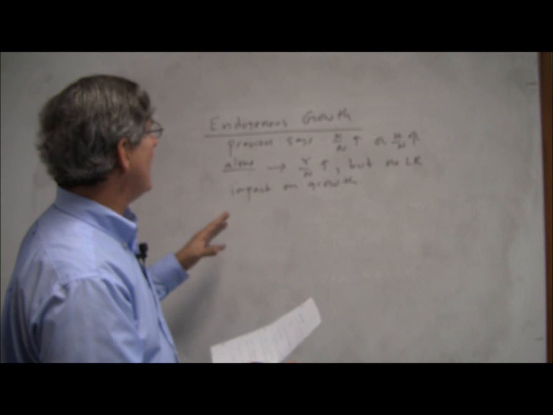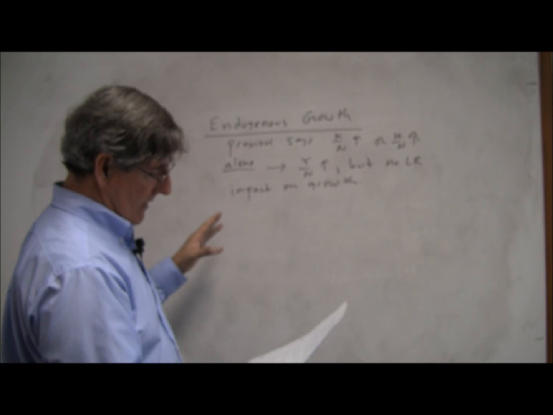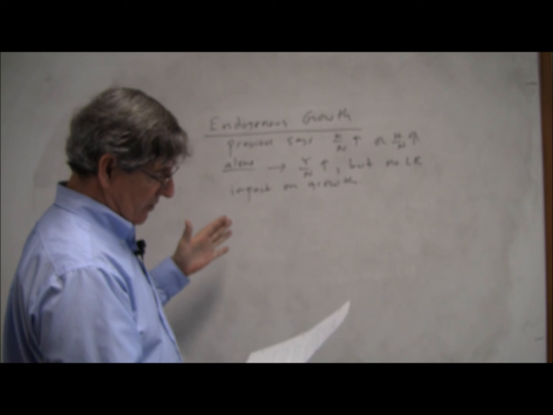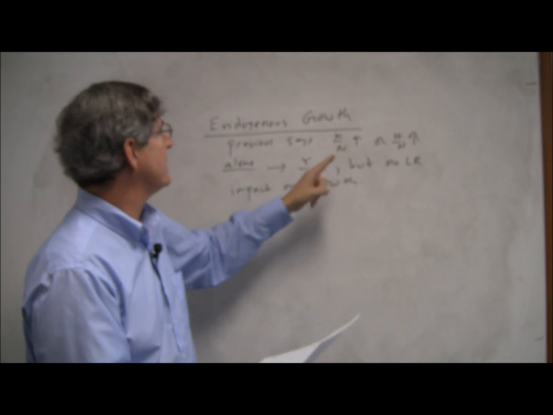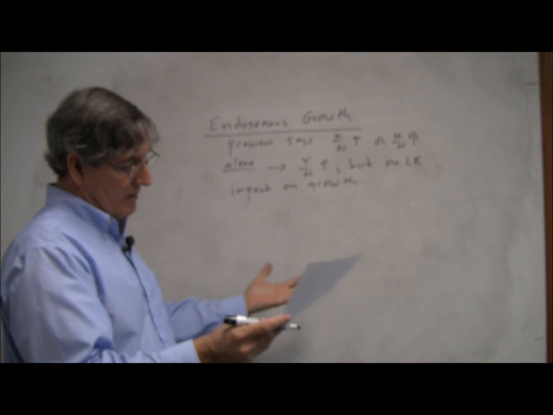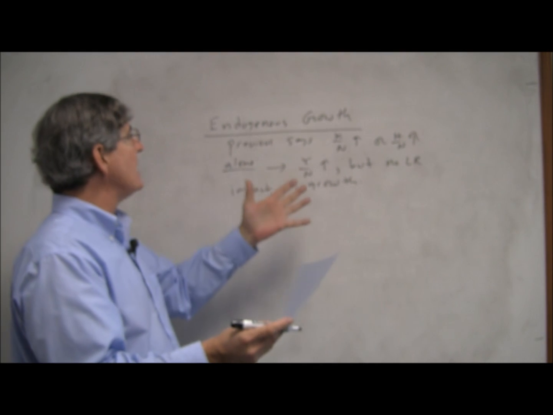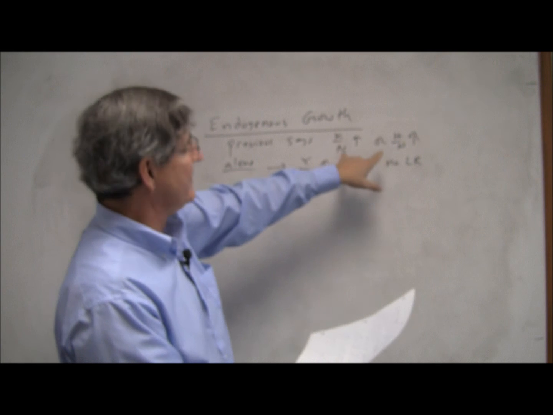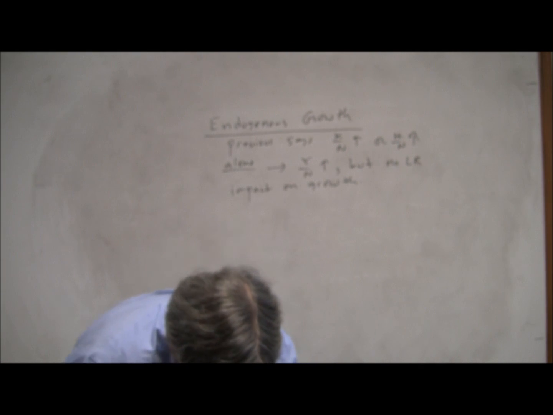That claim's been challenged to some degree, and it's been Lucas and Romer's and others. Individually, these things have diminishing returns, but what if they somehow could grow together? And models of endogenous growth really have that feature. These two things grow together.